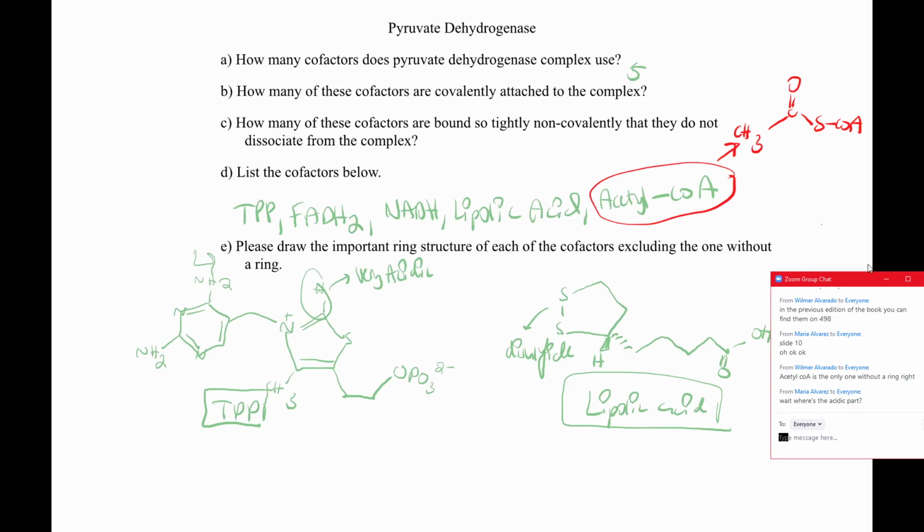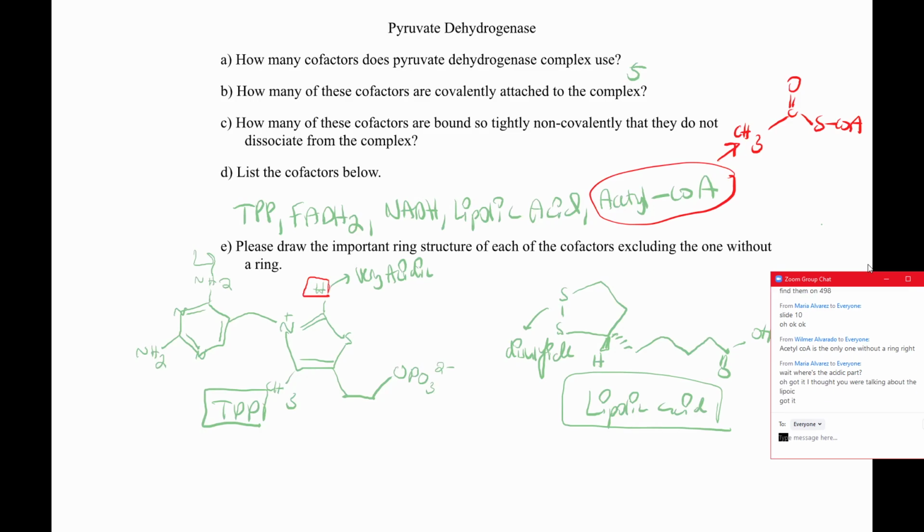That hydrogen, let me draw it up. This hydrogen here, that hydrogen is very acidic. Yeah, no, I was talking about the TPP. Here, there's a disulfide in lipoic acid.